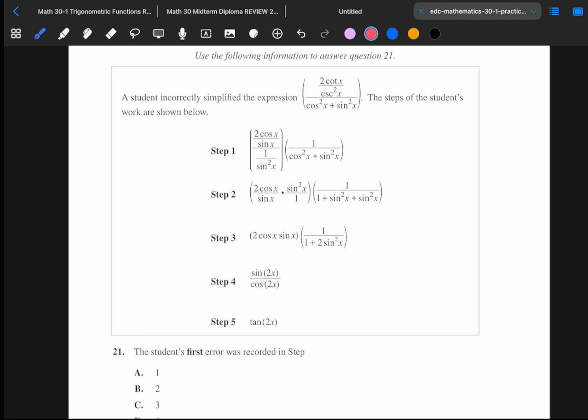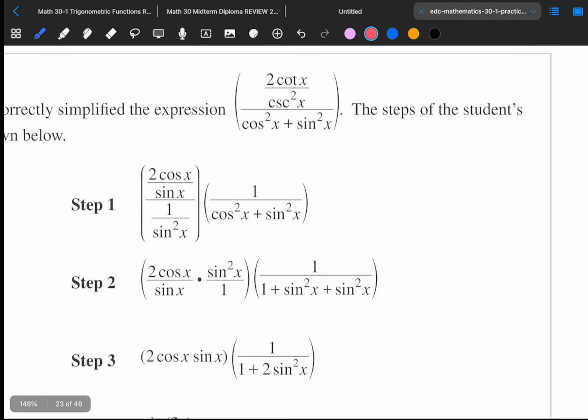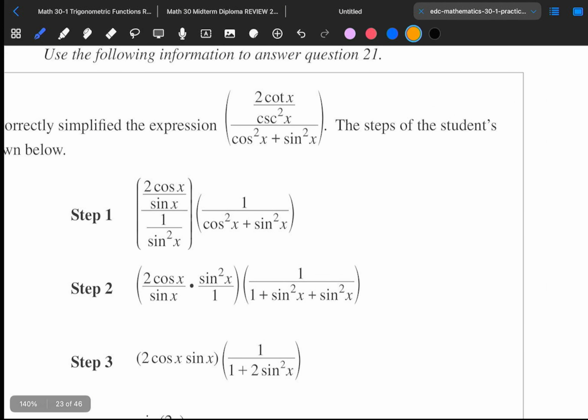So we have an incorrectly simplified solution here, and we have to look at the step where they mess up. This is a trig identity. Again, first thing I'd rewrite our first part of our fraction here. I'd say 2.